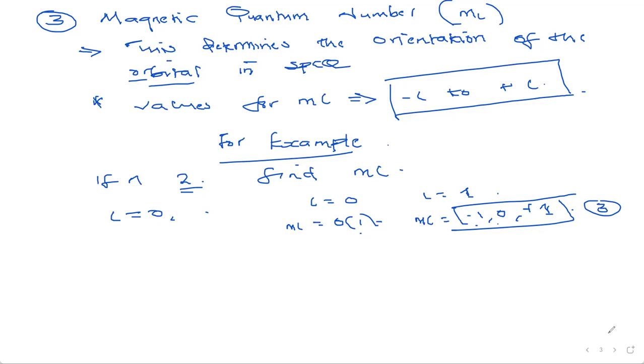Why didn't you include the 0? I'm talking about the L. Why did I include the 0? Because L ranges from 0 all the way to n minus 1. All right, thank you. Okay.